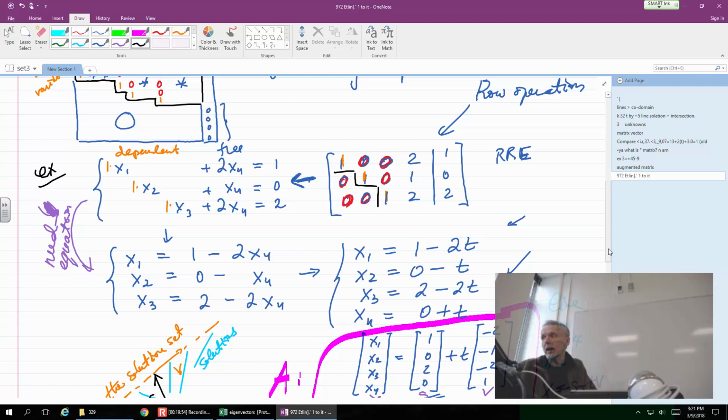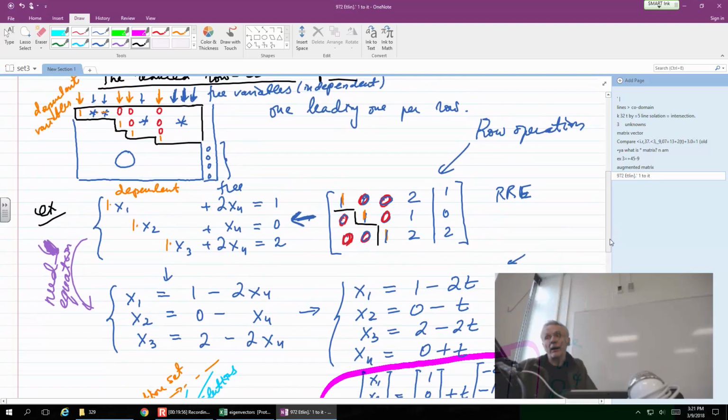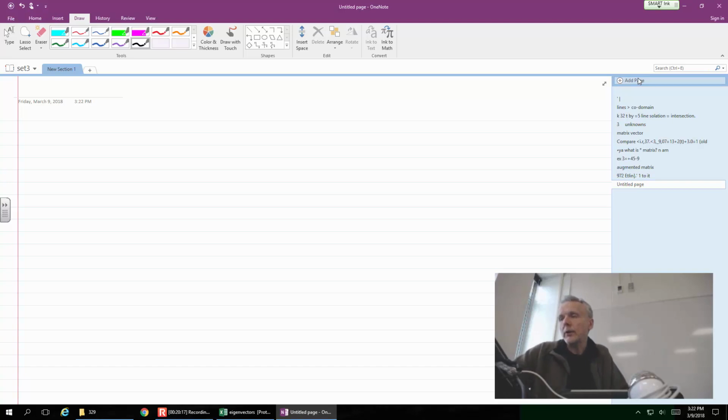It's entirely up to me, just choosing the appropriate combination of leading ones, or the appropriate form of the reduced row echelon form of the augmented matrix. So let me try to summarize. Since we're doing dimension 4, let's just as well do dimension 4.